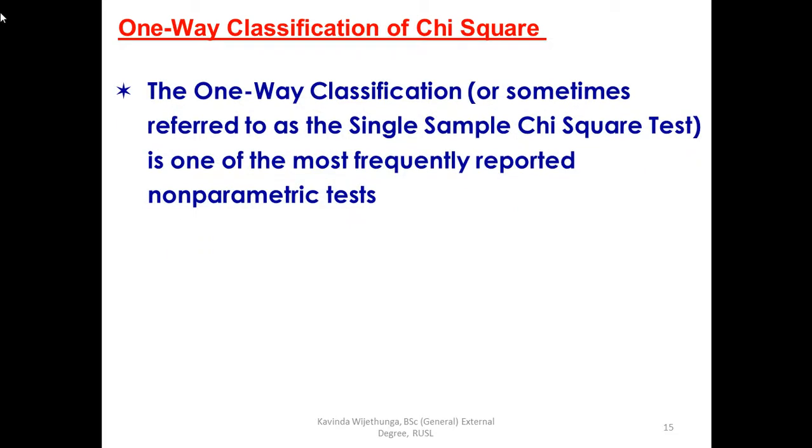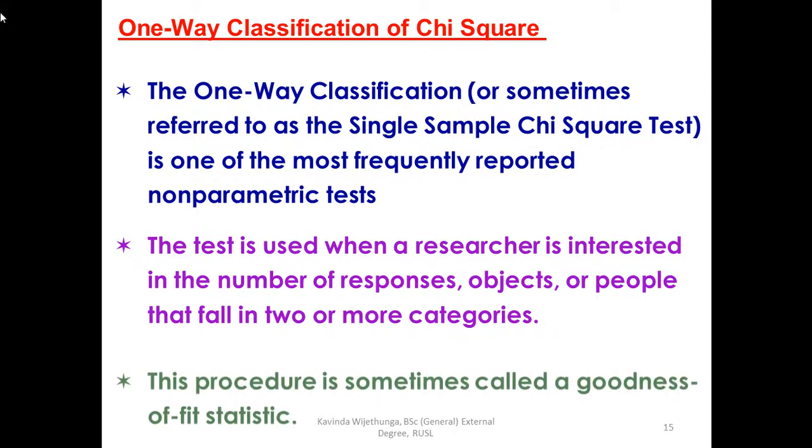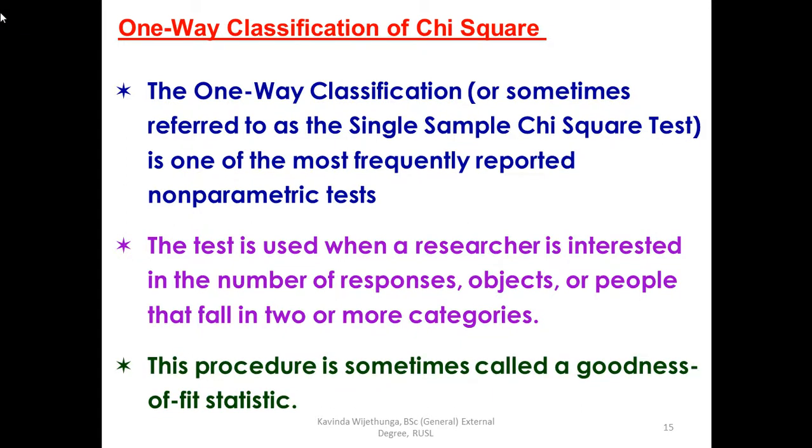One-way classification of chi-square. The one-way classification, sometimes referred to as the single sample chi-square test, is one of the most frequently reported non-parametric tests. The test is used when a researcher is interested in the number of responses, objects or people that fall in two or more categories. This procedure is sometimes called a goodness of fit statistic.